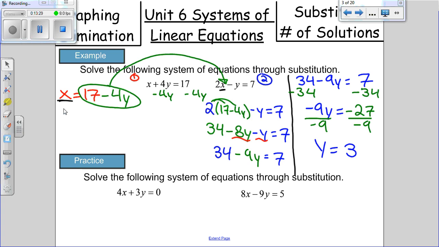So what you do is you take your answer from equation 2, and you substitute that answer back into equation 1.